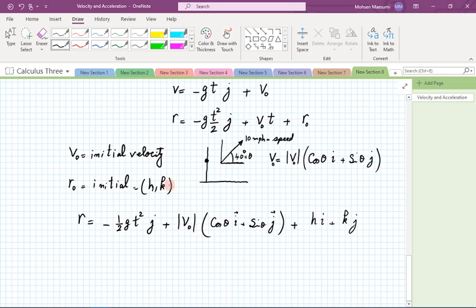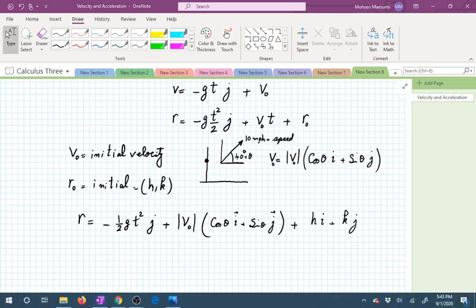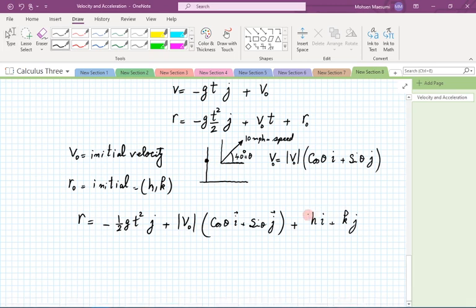So h would be like the height of the building, and k is going to be your lateral movement. Now you can of course collect all of the i's together and all the j's together, but I prefer to leave it like this and call it a day and say this is our position. In the projectile problem, it's best to understand all the components as opposed to trying to memorize a formula. There's really nothing here to memorize, and that is going to give you your position.